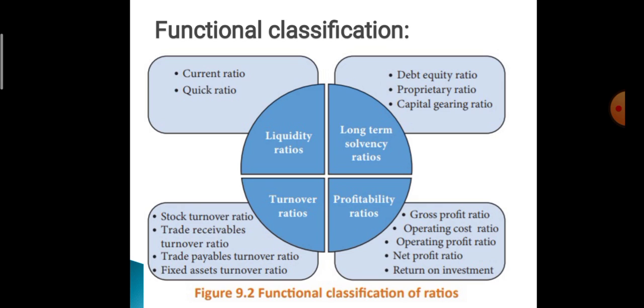We have understood the meaning of the terms current assets and current liabilities. Here, explaining about the current assets: they are assets that are expected to be realized in cash or sold or consumed during the normal operating cycle of the business, or 1 year, whichever is longer.